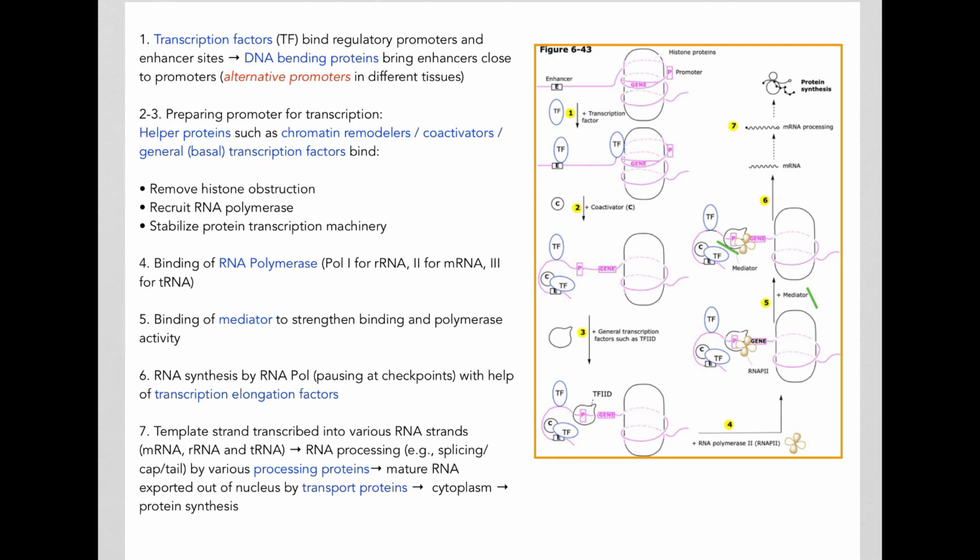So the next step, the RNA polymerase will now come and bind to the DNA. So that's Pol 1 for ribosomal RNA, 2 for messenger RNA, and 3 for transfer RNA. And then the mediator proteins will come and bind and help strengthen the binding of the RNA polymerase, as well as increase the polymerase activity.